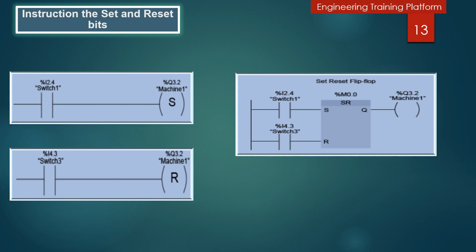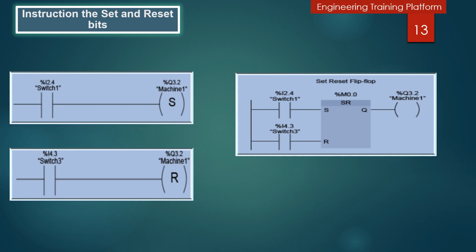Now you can see the example of the ladder logic set reset flip-flop functions. These instruction functions the same as a set reset flip-flop instruction, except that the set input is dominant. In other words, with power flow at both the set and the reset inputs, the output and memory operand for the set reset flip-flop are both 1.